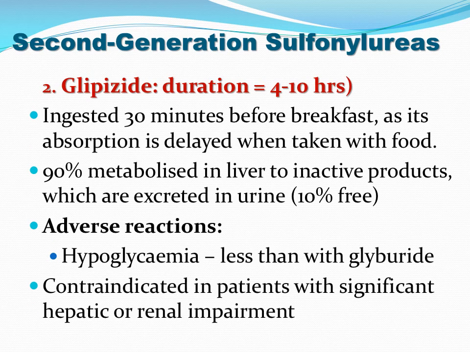Glipizide has a duration of action of 10 to 24 hours. It is recommended to take the drug 30 minutes before breakfast, as its absorption is delayed when taken with food. 90% of the drug is metabolized in the liver to inactive products, which are excreted in urine, and 10% is excreted in the urine without metabolism.